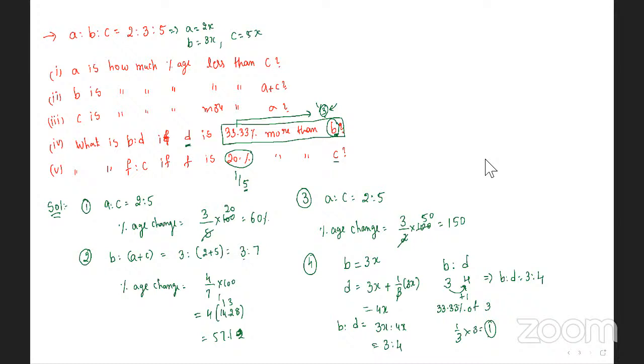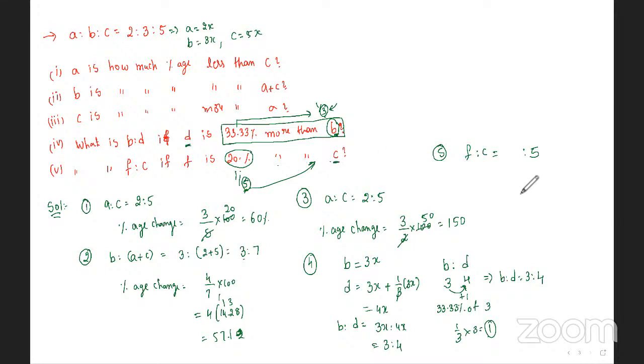With that logic, I'll go for the fifth question. Right? What is F is to C? I am asking, what is F is to C? Now 20% more than C. So reference कौन बन गया? C. So C को मैं 5 लेता हूं. रेफरेंस को, परसेंटेज टू फ्रैक्शन का डिनोमिनेटर को दे देने का हमेशा. नाउ इसका 20% कितना है?